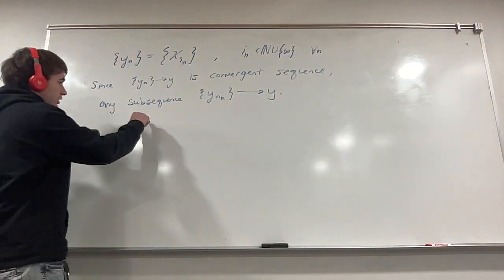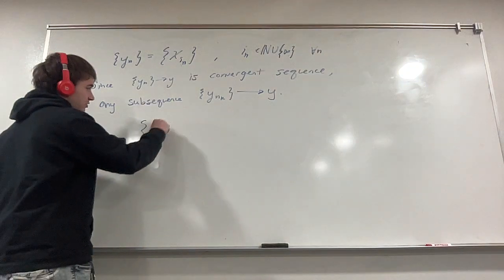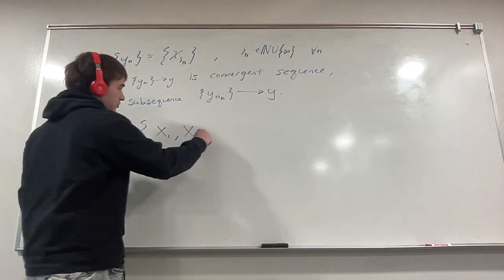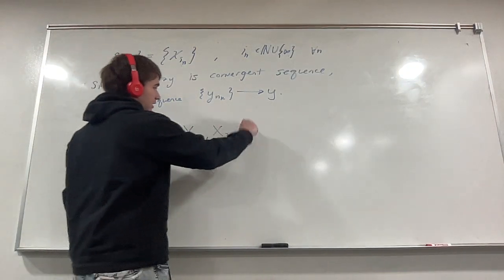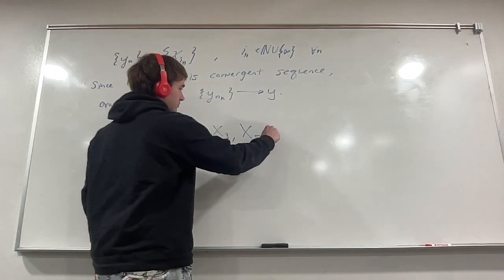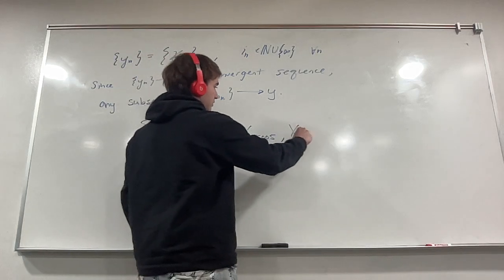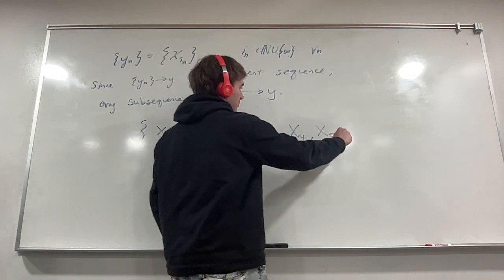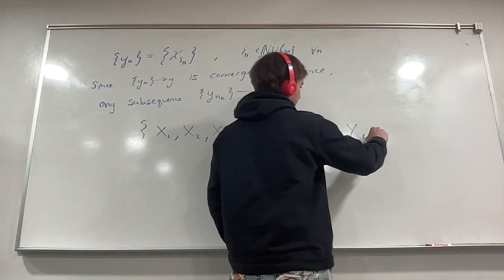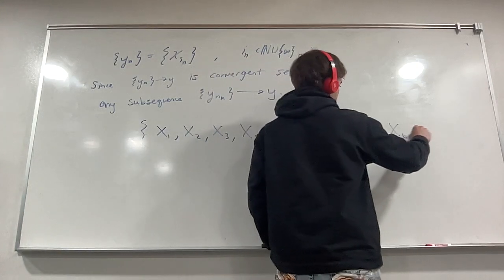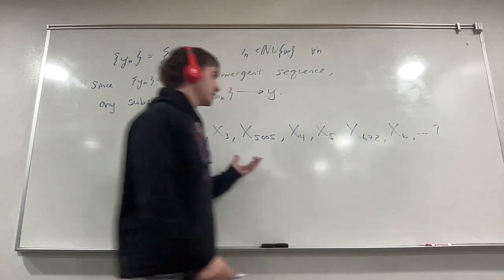Okay. So for example, if I had the sequence x1, x2, x3, x5005, x4, x5, x672, x6, etc. You kind of get where I'm going with this.